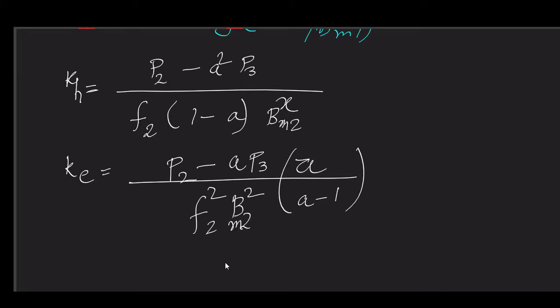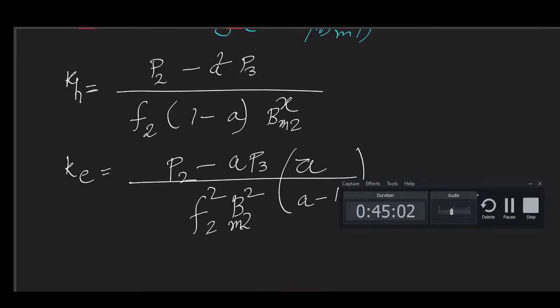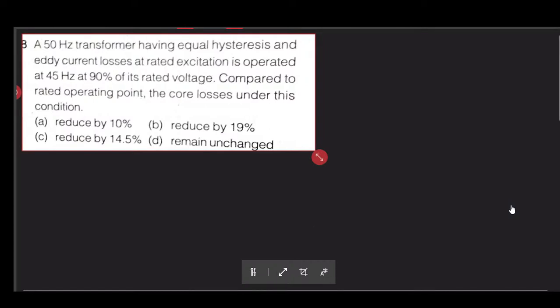So these are the formulas that we can have for finding the different variables for separation of hysteresis and eddy current loss. Let us take a few examples, so that will clear our understanding. Now in this problem, we will observe there will be a separate variation for hysteresis loss and eddy current loss.